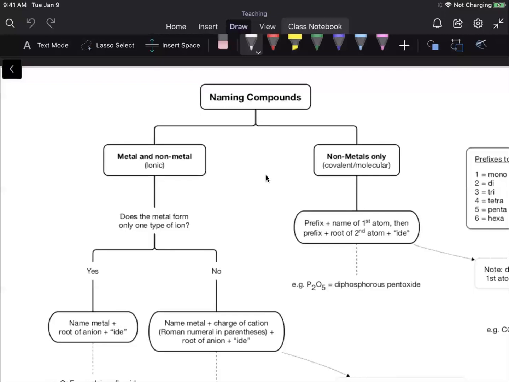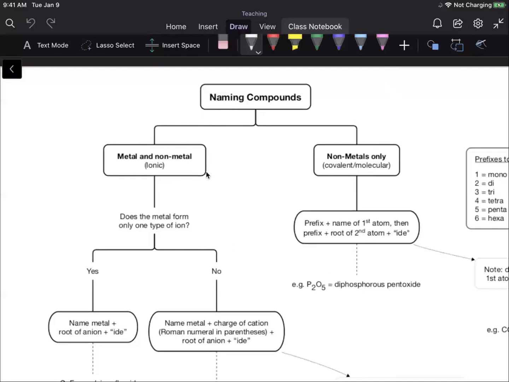Okay, so let's take a look at some examples. I have the flow chart that I put on the Canvas site. Right now we're just going to worry about this one side of the flow chart. We're not doing the nonmetals only. We're just doing the metal and the nonmetal. I want you to have this chart because we'll use it later.